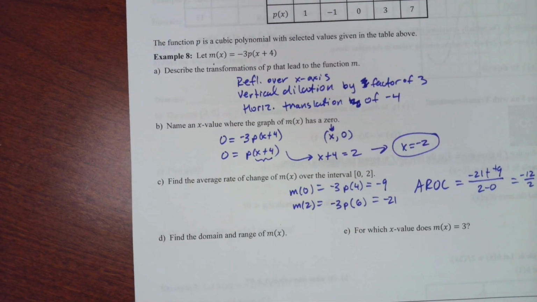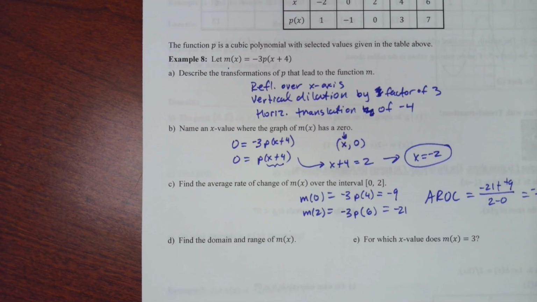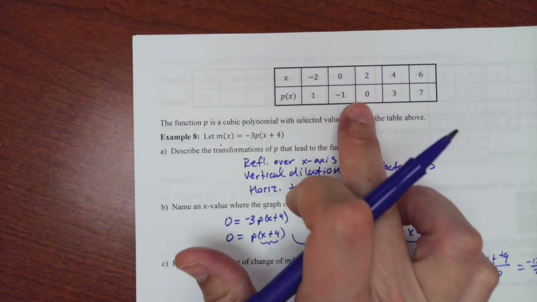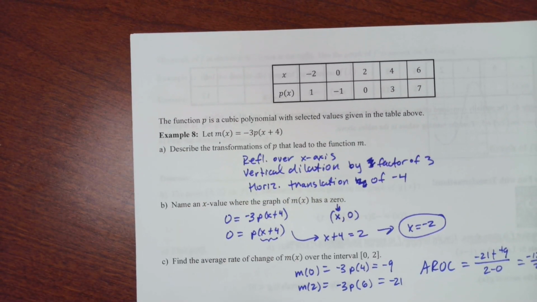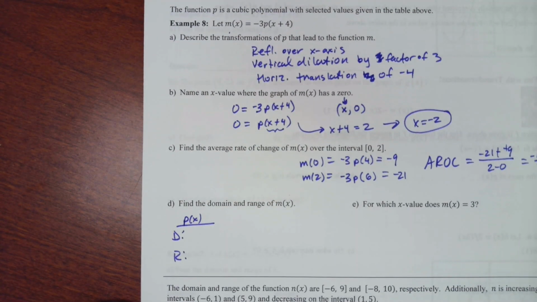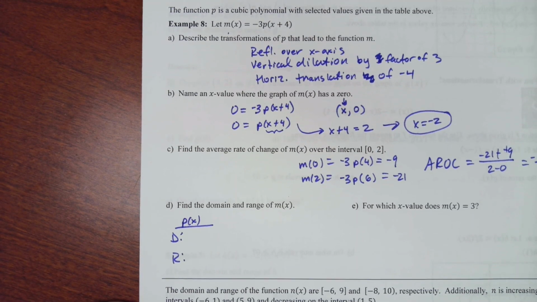All right, the domain and range of m of x. All right, so let's see. So the old domain and range, let's do the domain and range of this guy, and then we'll make these changes to it. So for my p of x, let's do my domain and my range, and then we'll make the changes. Okay. All right, so good old p of x up here, the smallest x value that I see up there is negative 2, and the biggest is 6.